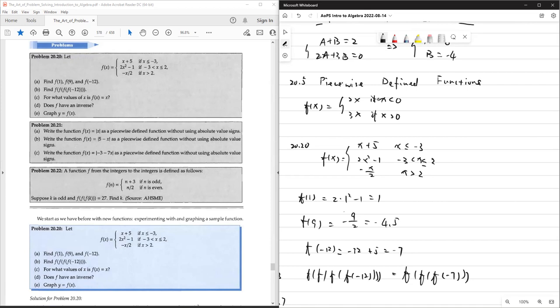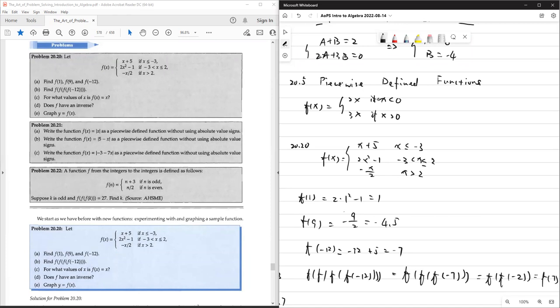F of negative 7: negative 7 is still less than that, so negative 7 plus 5 is negative 2. You just remember each layer you peel off, you have one less f to work with. f of negative 2 happens to be in this range. So 2 times 2 squared, which gives you 8, minus 1, so that's f of 7.